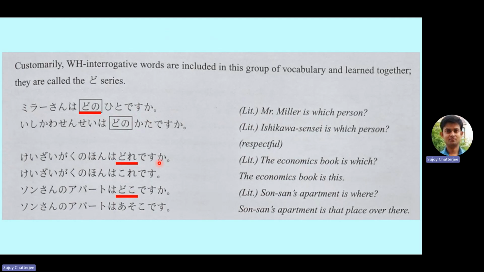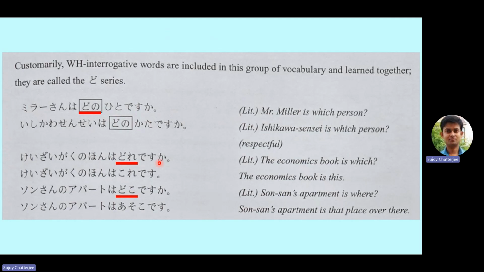If the book is nearby, it will be kore. If it is at a little distance but near the listener, then it will be sore. And if the book is away from both the speaker and the listener, then it will be are. So Keizai gaku no hon wa dore desu ka?